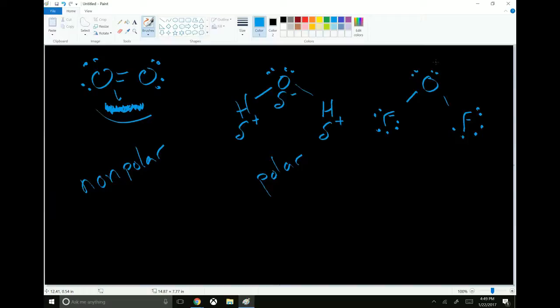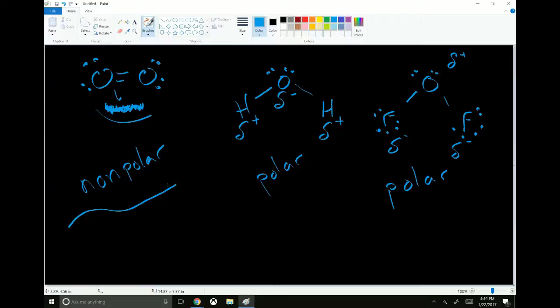So fluorine will hog the electrons, and fluorine will have a partial negative charge, whereas oxygen will have a partial positive charge. Okay? So this molecule is likewise polar. So a nonpolar molecule is one where you don't have that imbalance of charges.